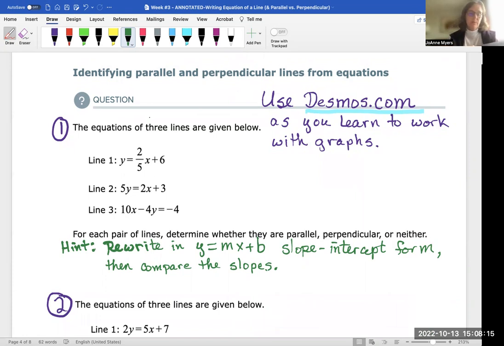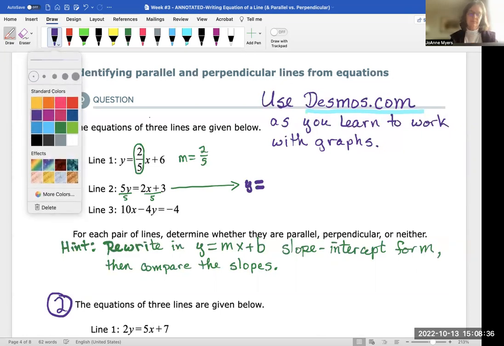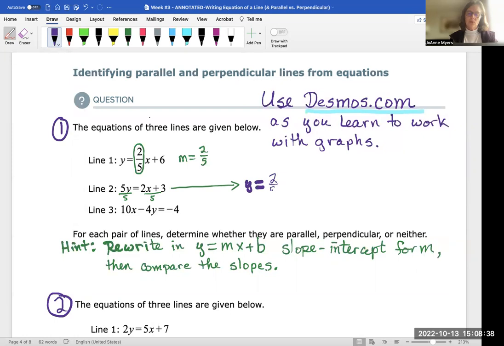So line number 1 has a slope of 2/5. Line number 2, I can't quite tell, but if I divide both sides by 5, now I can tell. Now I have y equals 2/5 x plus 3/5.